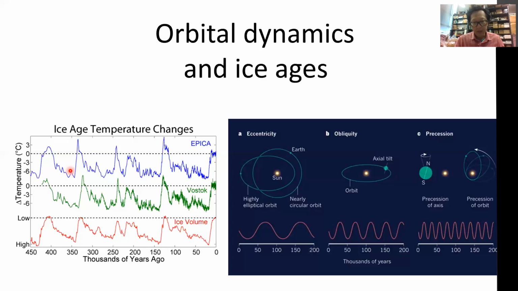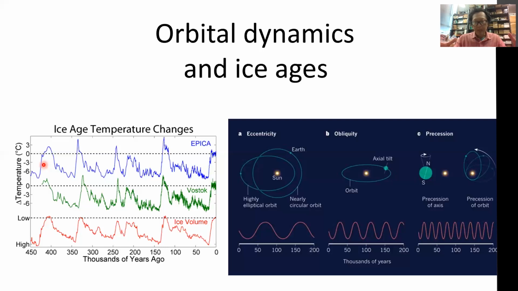And that's related to the Earth's orbit because as it orbits the sun, the shape of that orbit, which we call the eccentricity, actually changes with time. On a time scale of about 120,000 years or so, and that kind of coincides with this broad scale periodicity.